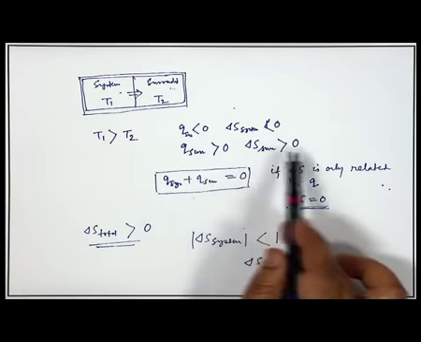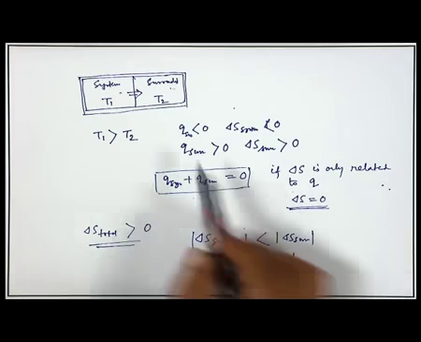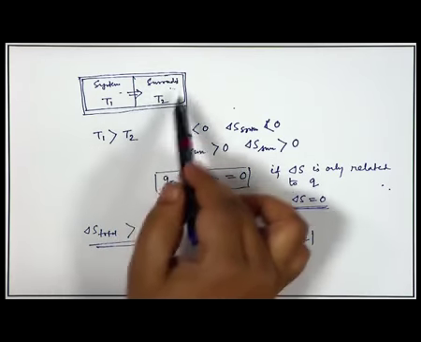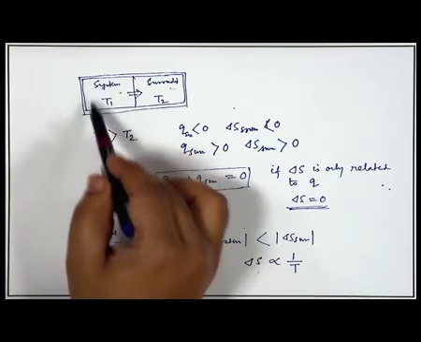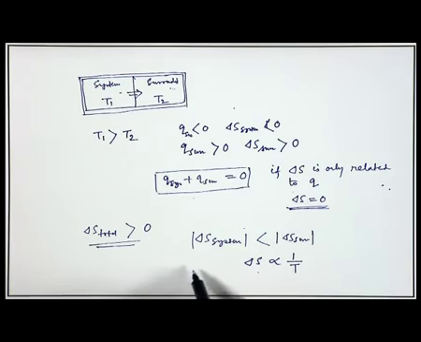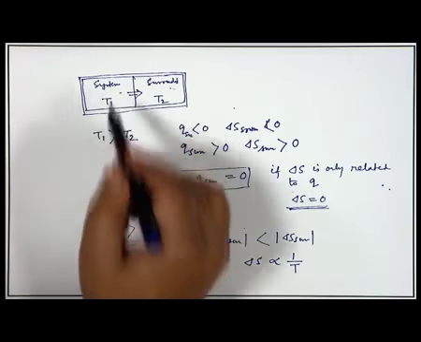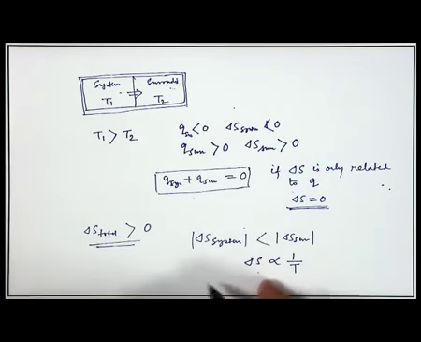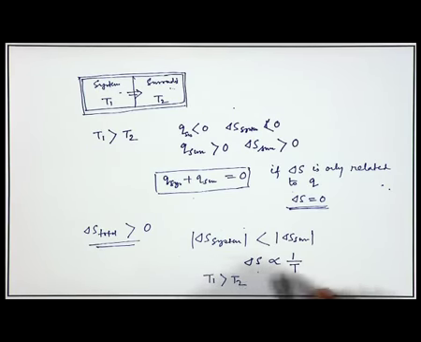So, the entropy gain will be higher for surroundings, and the magnitude of the entropy loss for the system will be lower, because T1 is greater than T2. And how long will it happen? As long as T1 becomes T2, then there will be no heat transfer, there will be no process. So, you will reach an equilibrium.